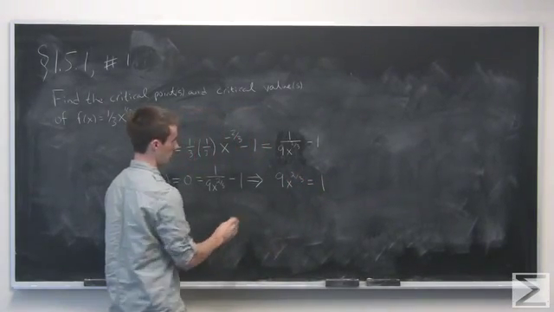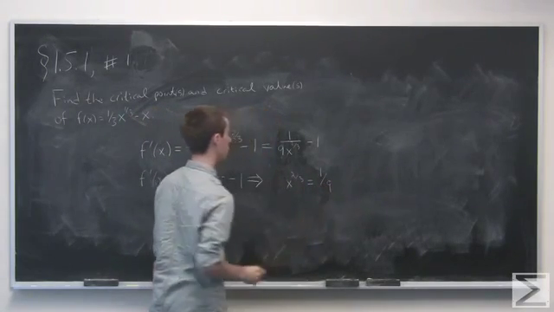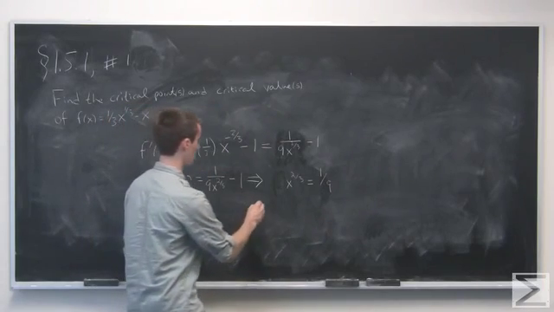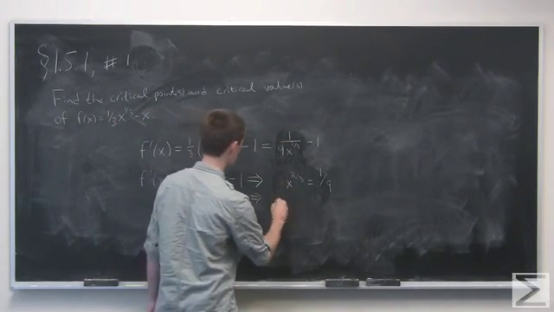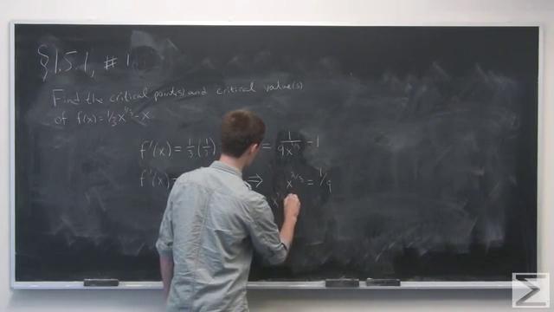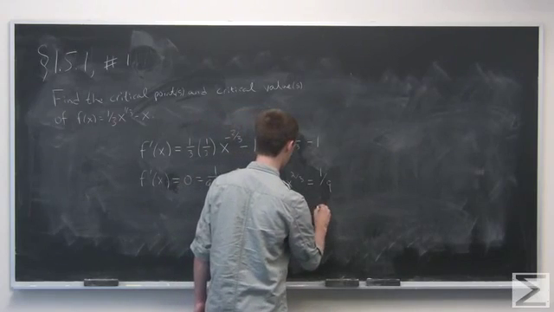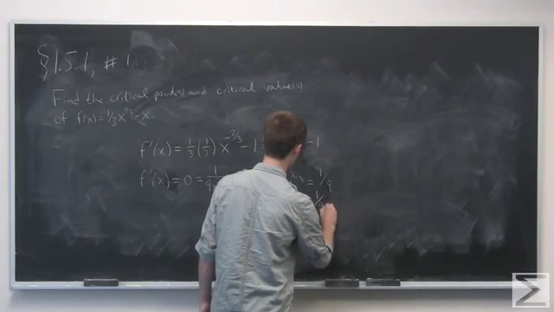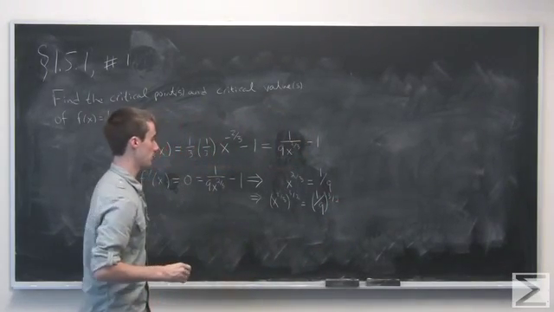equal to 1. Actually, we might want to keep that 9 in the denominator over here. And now we raise this to the power 3/2. So we have x to the 2/3 to the 3/2 power is 1/9 to the 3/2 power.